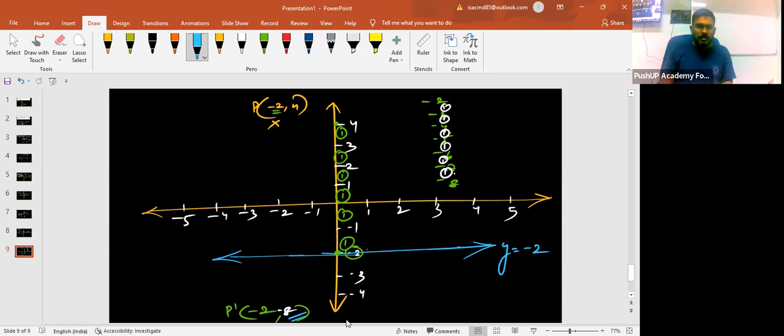Yes, sir. Janice, the point was what? (-2, 4), right? The point was (-2, 4) and it had to be reflected in this line, y is equal to -2. See, it is a point which is getting reflected through a line parallel to x-axis. So there won't be any change in the x coordinate. That's why -2 remains as it is.